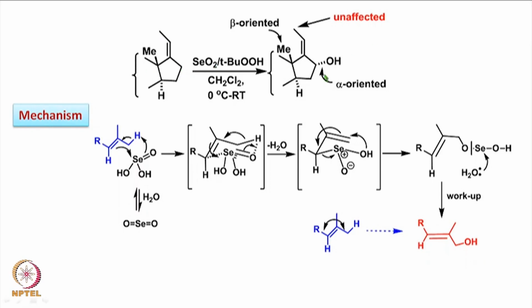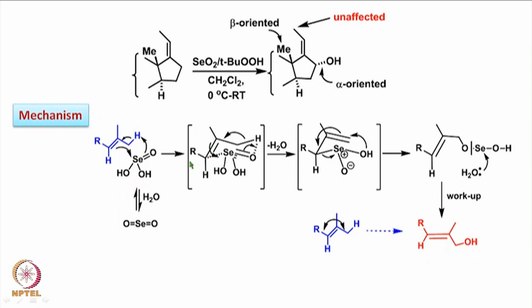Now, because this methyl group is beta oriented, the hydroxy group comes from the alpha side. Thus, this is an example which indicates not only regioselectivity but also stereoselectivity in selenium dioxide based oxidation.